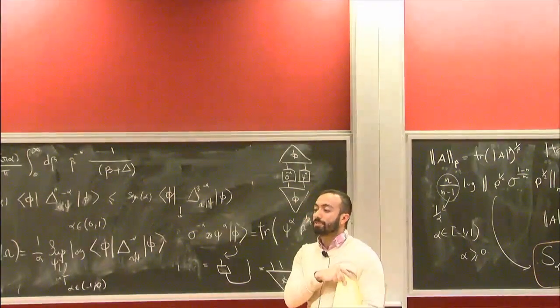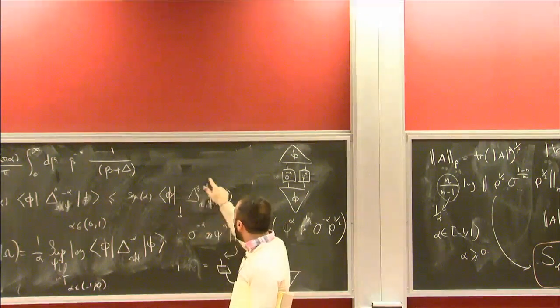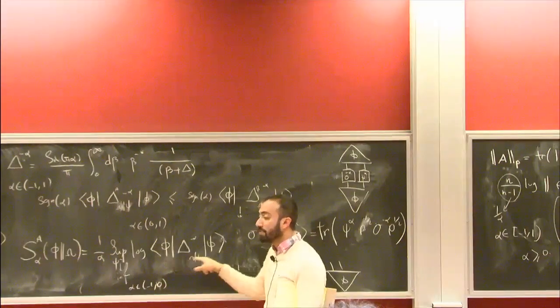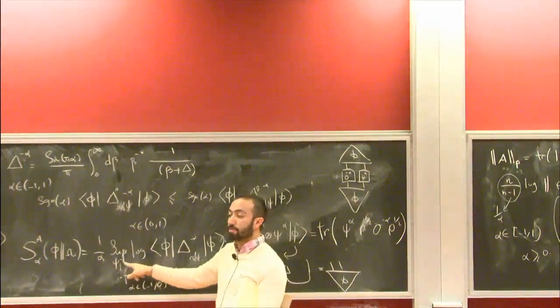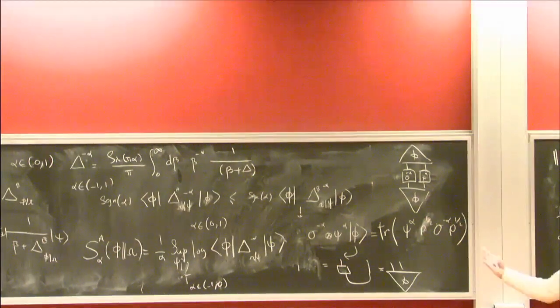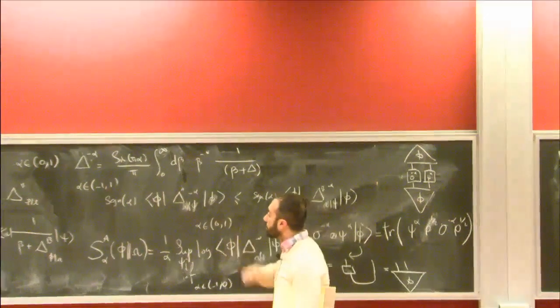Now you could ask whether it's monotonic. Well, I just told you that this operator is monotonic. This is just a particular matrix element of it, and I'm taking a supremum over it. So it's going to be monotonic. Monotonicity of this quantity follows trivially from monotonicity of the relative modular operator.